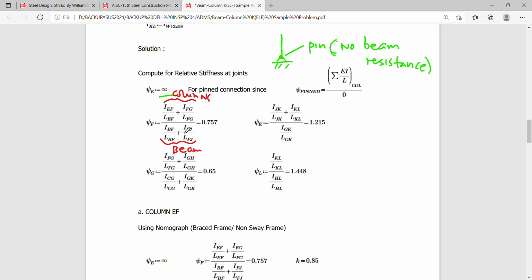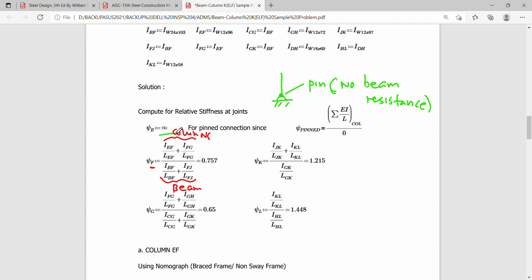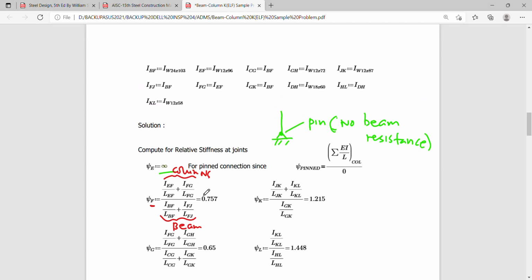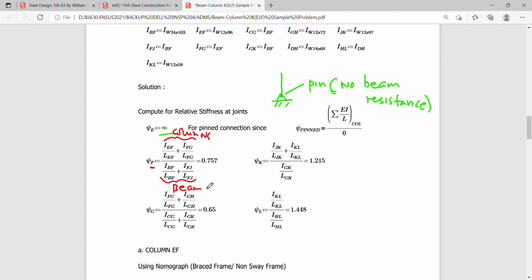In order to make a check, it is proper to take note that at joint F, all of these parameters must contain the subscript F, so that we can be sure that the properties taken from the given data are correct and accurate.